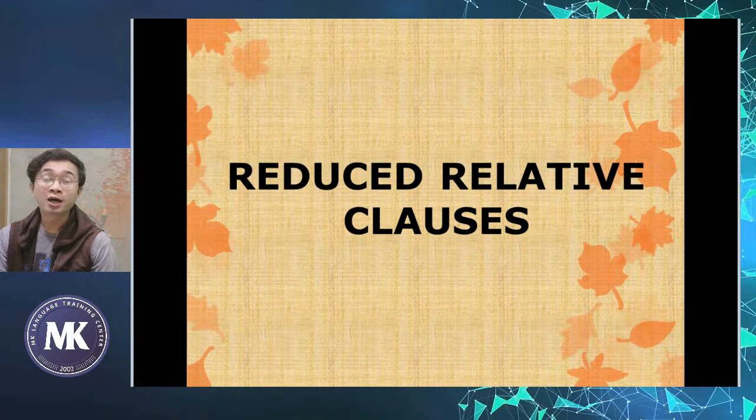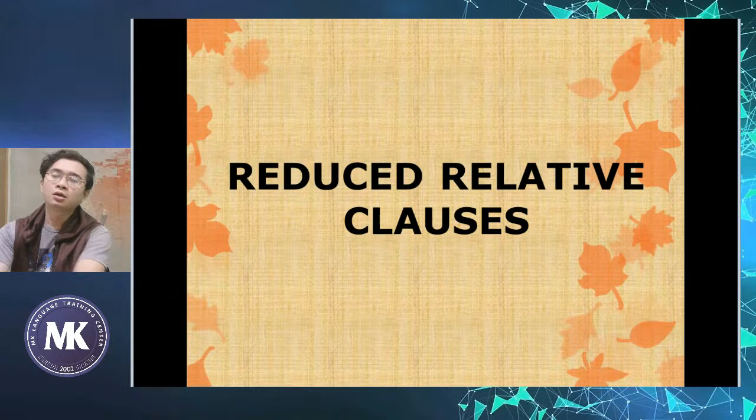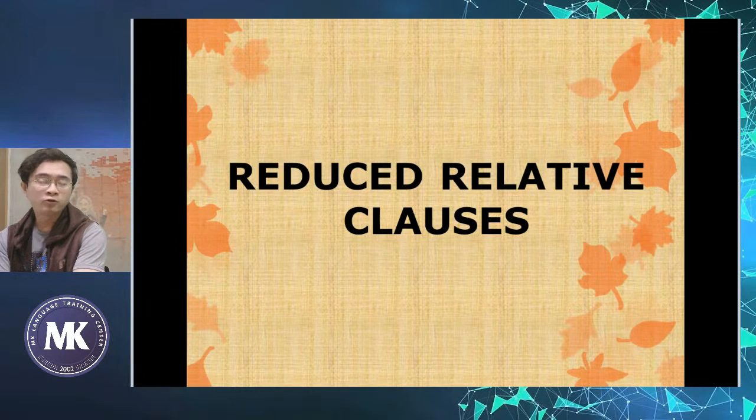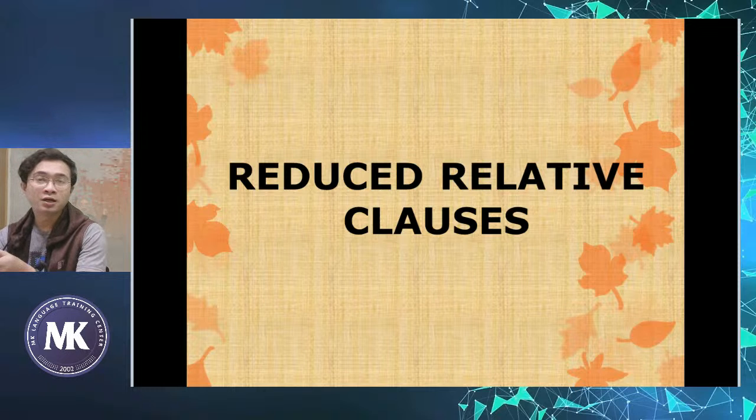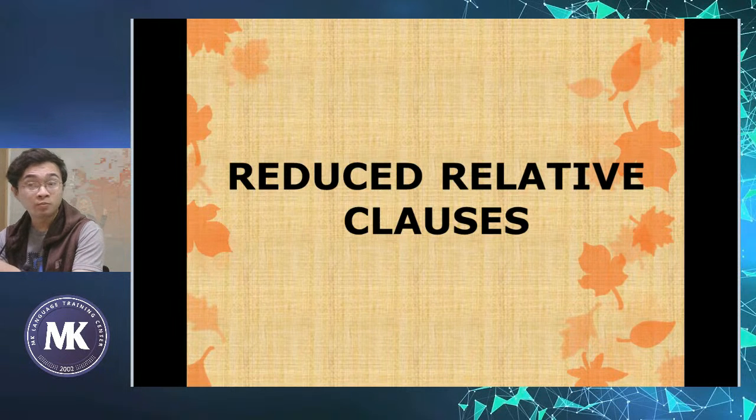Today we are going to have a new topic about grammar, and this time we will talk about reduced relative clauses. A long time ago, I believe it was last week, I talked about different kinds of relative pronouns, right? These pronouns like who, which, or what are sometimes connected with different kinds of words to make it into a clause.